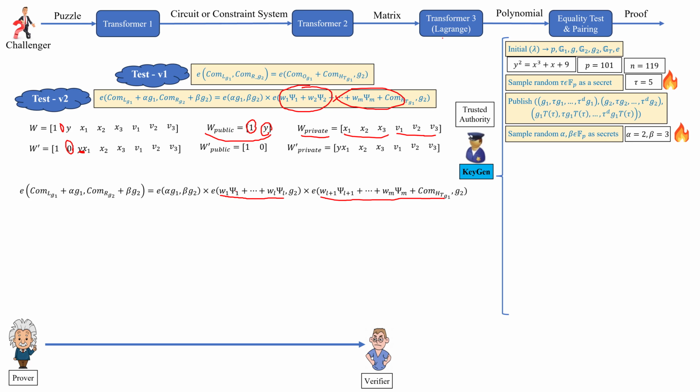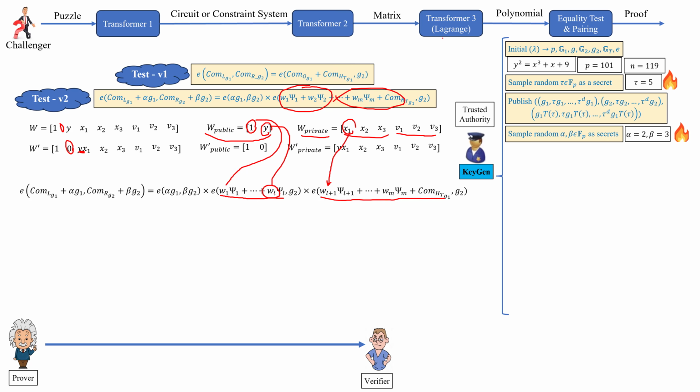This part is W1, W2 until WL, which is the final element of the public values of the witness vector. Here we have two elements, W1 and W2, as the public values, and these are the private values.